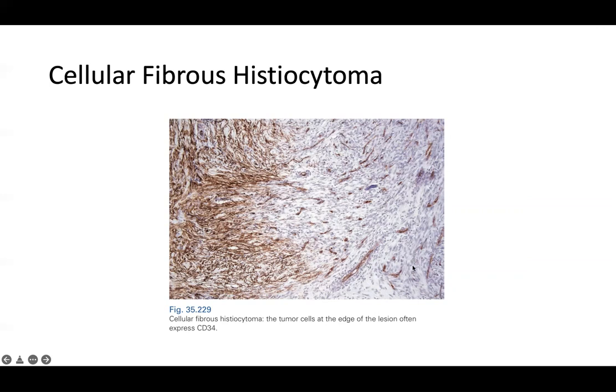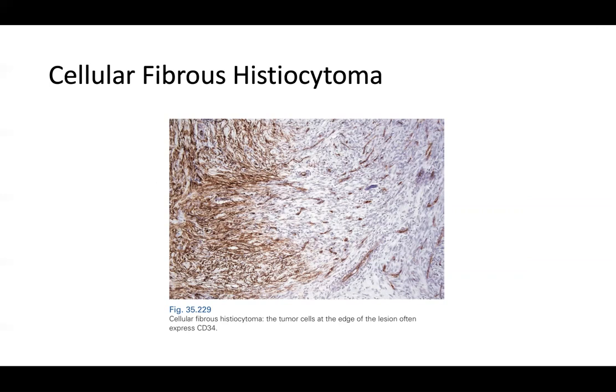So this is the main body of the neoplasm, and here's your vessels within that neoplasm. And then as you go to the edge, you'll start to see more CD34 expression before it kind of dies down. But it's a little controversial because it's unclear whether or not that represents true neoplastic cells or if it's just picking up on the stroma.